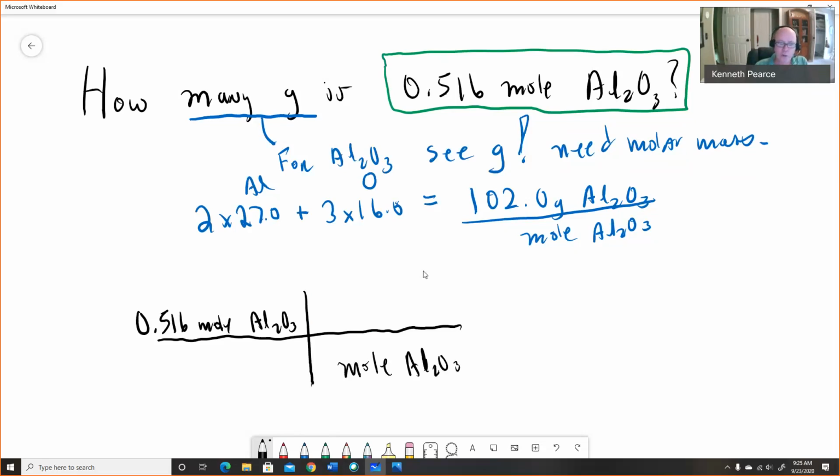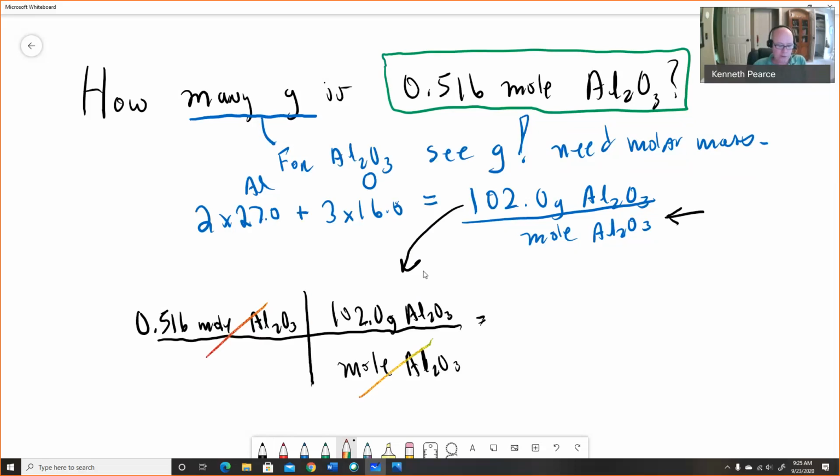And so we're just going to take this number, and that's the one that has the moles aluminum oxide in it, and so that's 102.0 grams aluminum oxide. And I know I'm set up right because I can cancel everything, moles aluminum oxide, and I'm left with grams aluminum oxide.